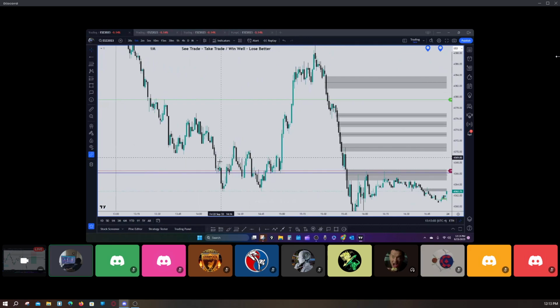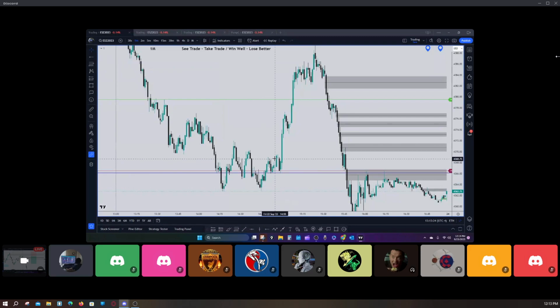So I wouldn't have taken this. This doesn't break a single swing, so for me, this is a no trade. It goes back down, dips again. Nothing there. No fair value gaps. Nothing. Back down, punches down again.